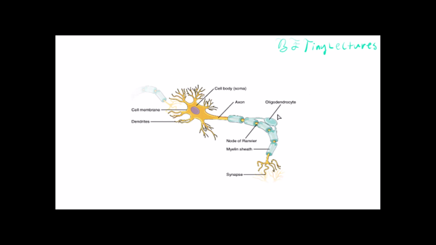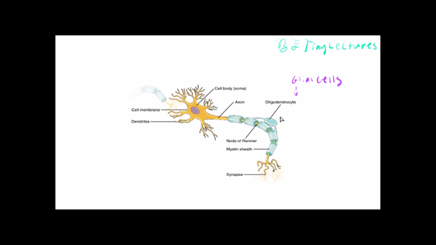We can also notice that there's something weird right here, and that's called an oligodendrocyte. And this is one of the glial cells. We'll talk about glial cells in a little bit, but there are more glial cells, and they have different names and different purposes. For right now, the oligodendrocyte acts as the insulator for the axon.